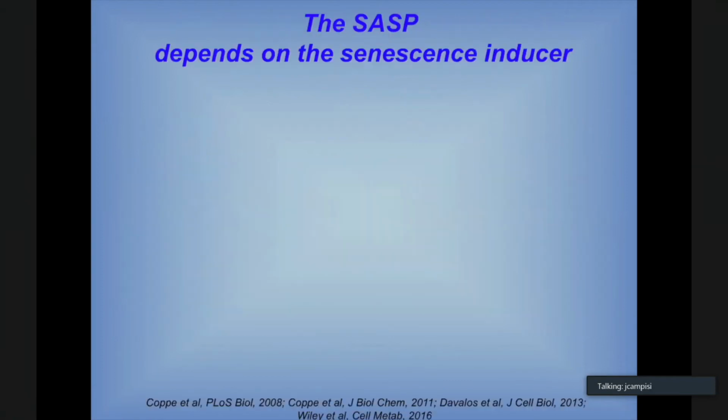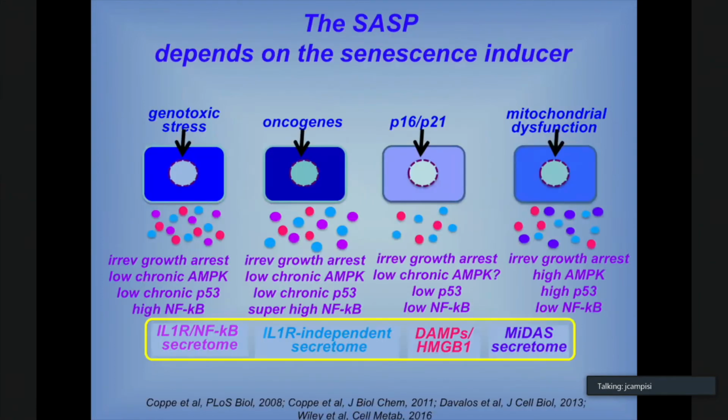And then finally, I do want to emphasize that the secretory phenotype, which we think causes most of the aging phenotypes, really varies depending upon how the cells became senescent to begin with. And another big unknown in the field is we simply do not know what drives cells into senescence in vivo naturally during natural aging.